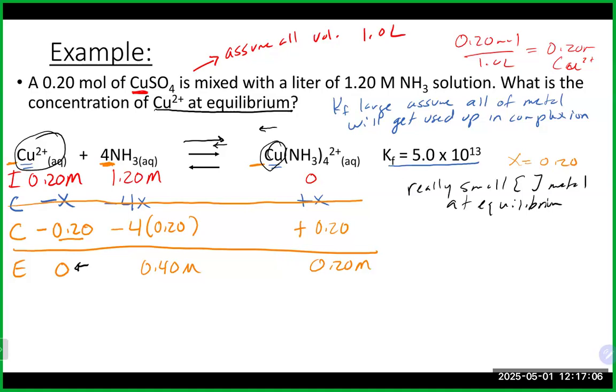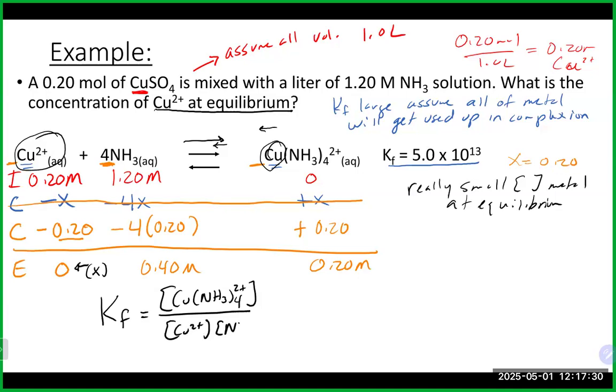So how do we do that? Well, we could use X now to represent our equilibrium concentration of copper. And we could use our KF expression, which is products over reactants. And again, don't forget for our NH3 here, we need to take it to the 4th because of the coefficient. That's going to equal 5.0 times 10 to the 13.